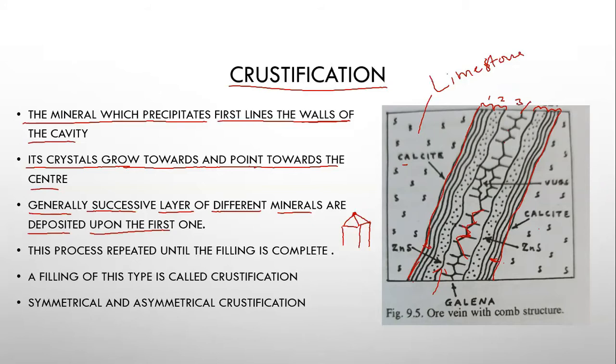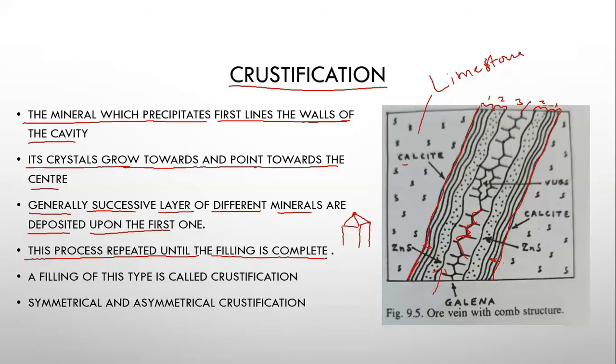First and first crystallize simultaneously, second and second crystallize simultaneously, and the third also. So successive layers, 1, 2, 3, are deposited one upon the other. This process repeats until the filling is complete.